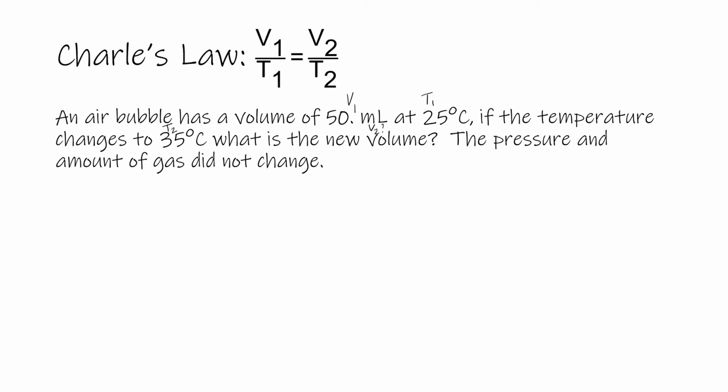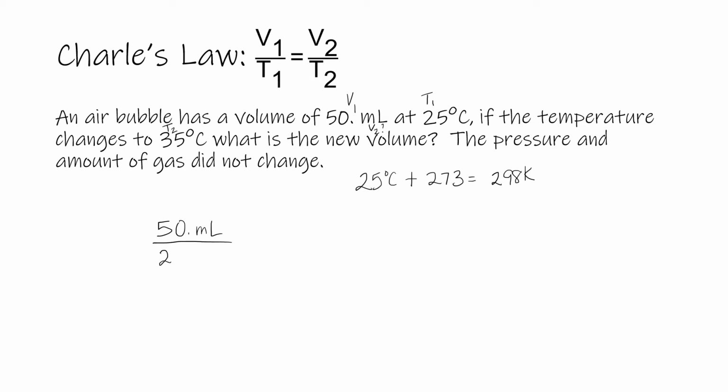Let's start by writing out what we have. Our volume 1 is 50 milliliters, and we're going to divide that by our temperature 1. Our temperature 1 is 25 degrees Celsius, so to convert that to Kelvin, we add 273, and so we have 298 Kelvin.